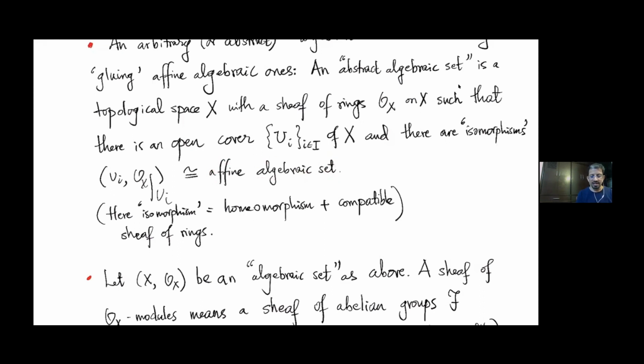That is what isomorphism means here. Therefore, an abstract algebraic set is one which has a sheaf of rings which locally looks like affine algebraic sets. I glue them together and get a global one. That is, in fact, how you should think of projective space, but projective space has additional structure: it has the homogeneous coordinate ring.